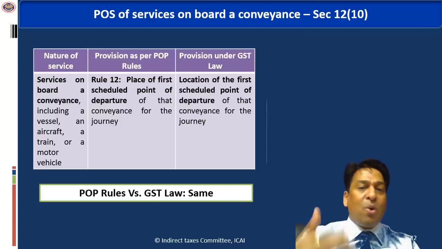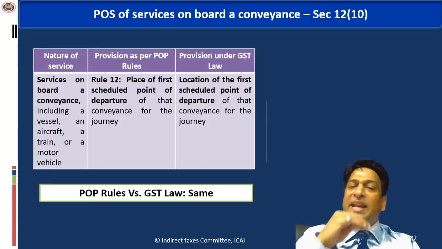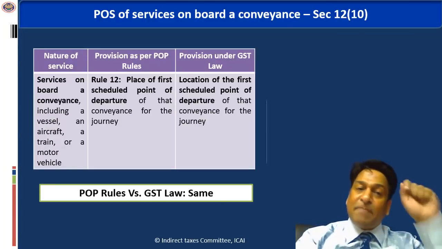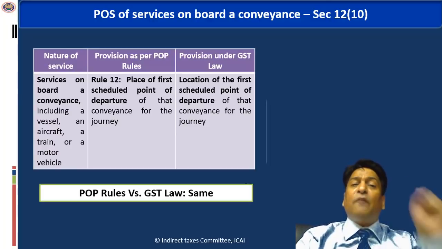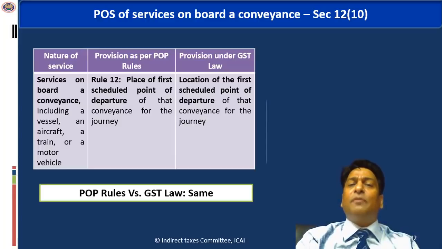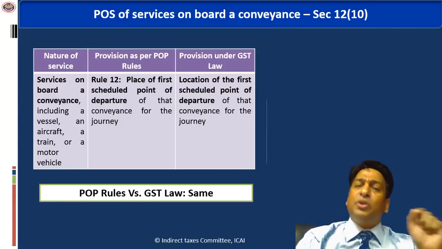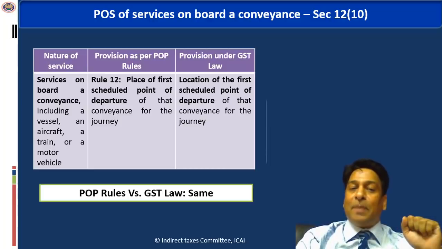Sometimes you're watching video, sometimes we are making telephone calls, sometimes we are taking additional services on a paid basis on board a conveyance. Section 12, subsection 10 says in that case, the place of supply would be the location of the first scheduled point of departure of that conveyance for the journey. That would be the place of supply.